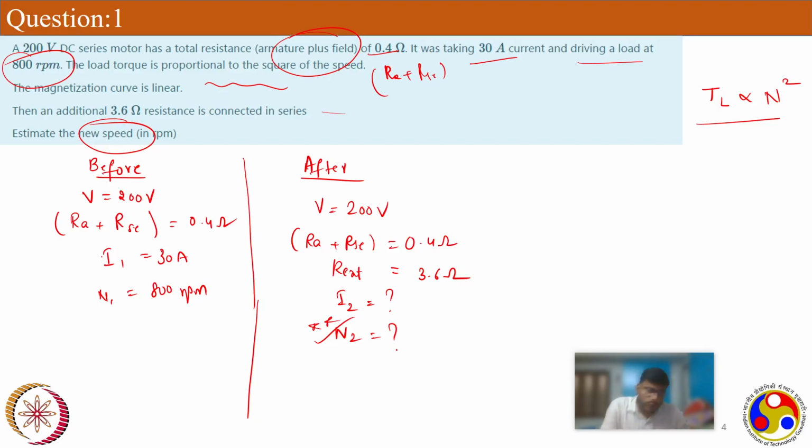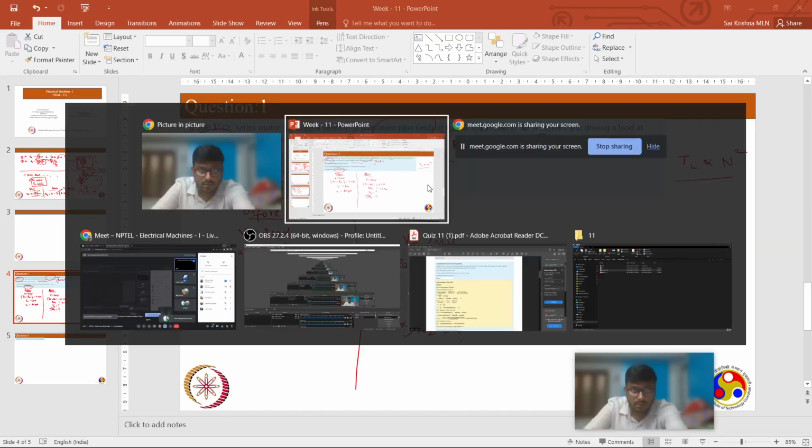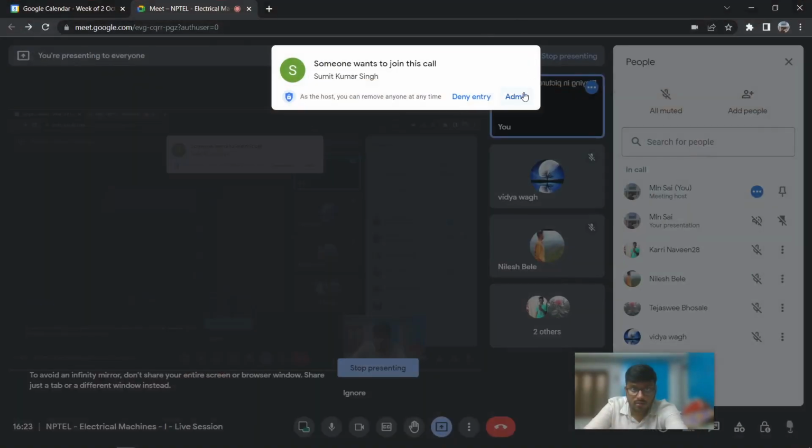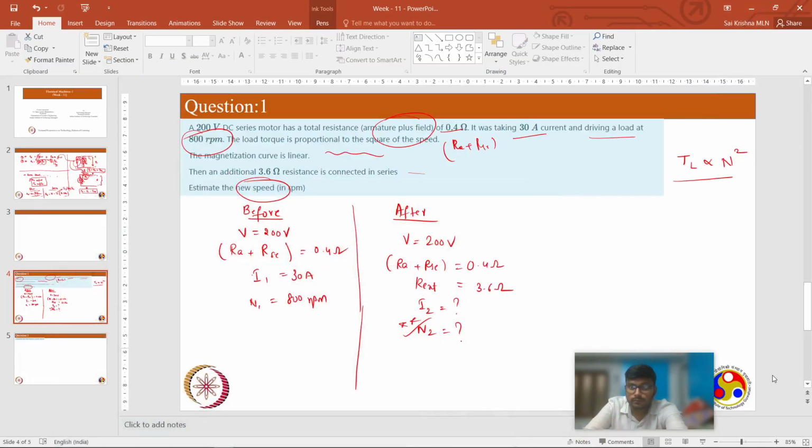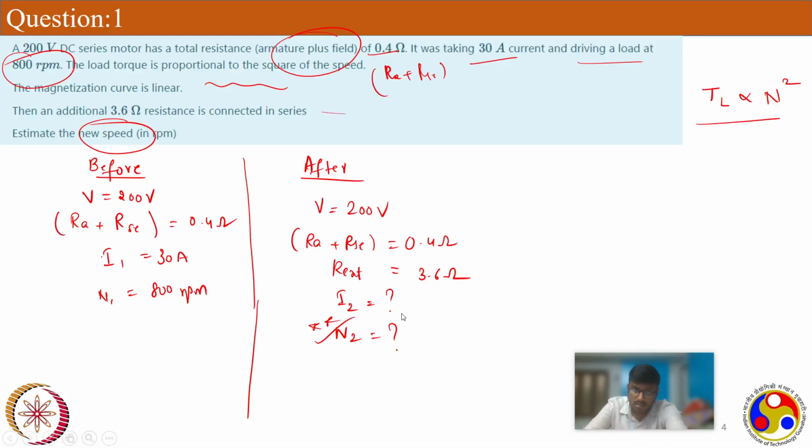Before going into solving the question, let's just draw the picture of how it looks before and after. Before, it's a series motor.